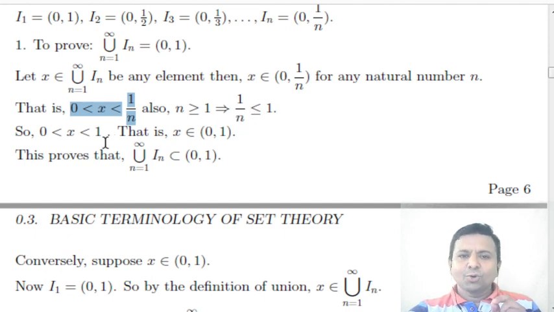So 0 < x < 1/n and 1/n is less than or equal to 1, so 0 < x < 1. That is, x belongs to the open interval (0, 1). So this set is a subset of (0, 1).